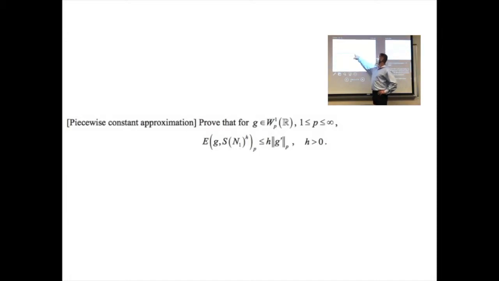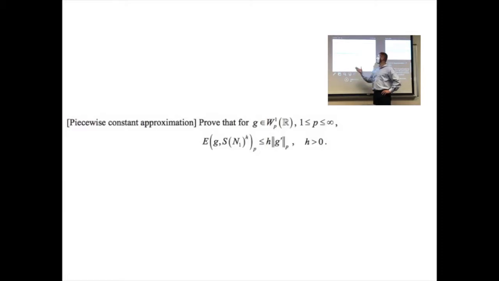Let's take a function that has a nice first derivative, either a continuous first derivative or a bounded first derivative in terms of the p norm. You can approximate this function with piecewise constant approximation, just a bunch of levels, and the error of this approximation will behave in this way: the smaller steps you take, the smaller the error of approximation.